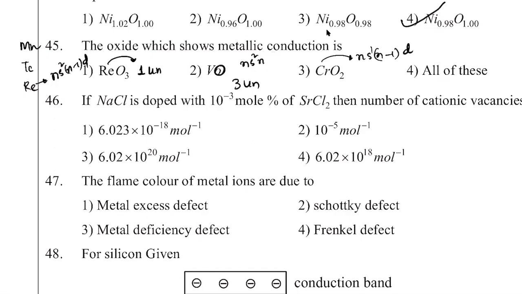Here also it is (n-1)d, so here it is (n-1) and 5 here. So remove 4 of them. When you remove 4 of them, there are 2 unpaired electrons in d. So you can see all of them have unpaired electrons, so definitely they will show metallic conduction.